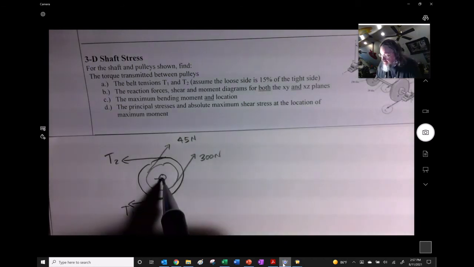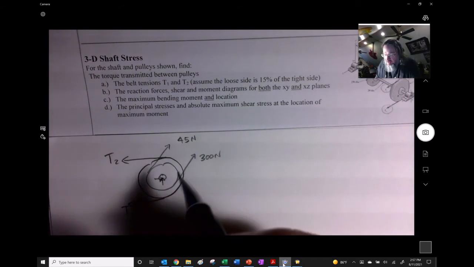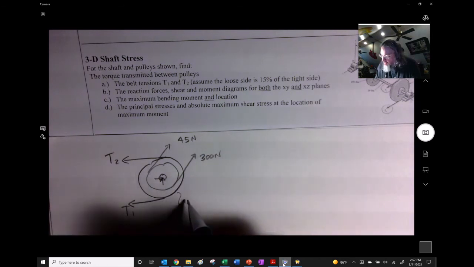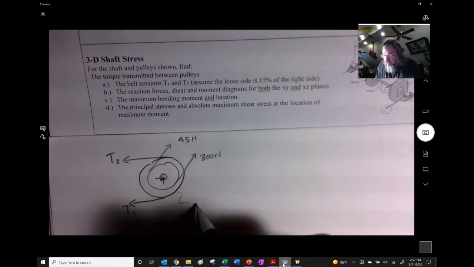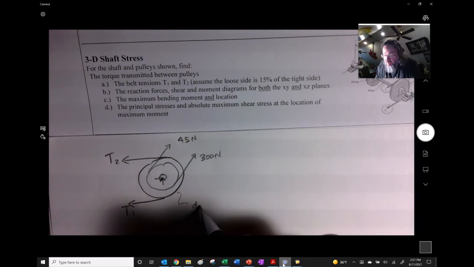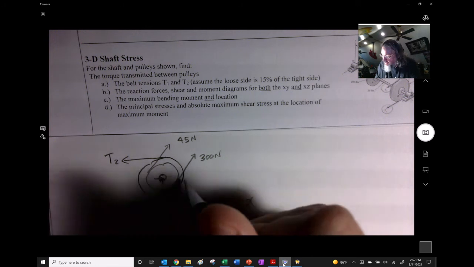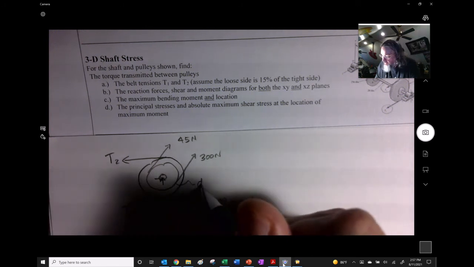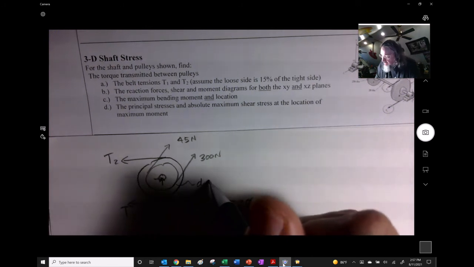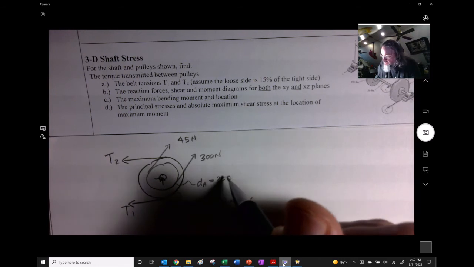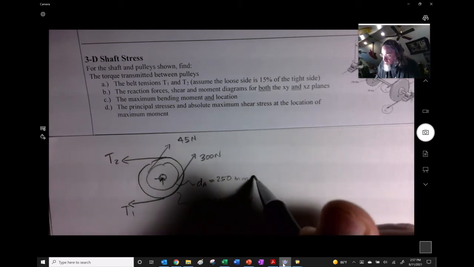And we're told what the diameters are, that this one has a diameter, called diameter B, of 300 millimeters. And this one, this is A, is 250 millimeters.